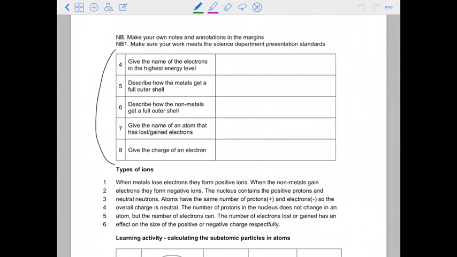The name of the electrons in the highest energy level are the valence electrons. How do metals get a full outer shell? They will lose electrons to get that full outer shell. Nonmetals will gain electrons to get their full outer shell. The name of an atom that has lost or gained electrons is an ion, and the charge of an electron is -1.